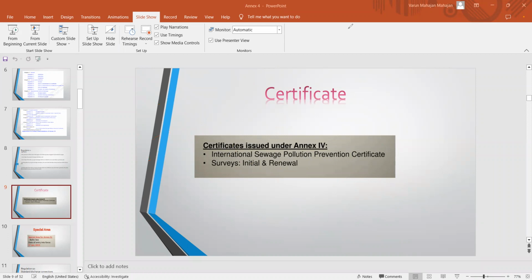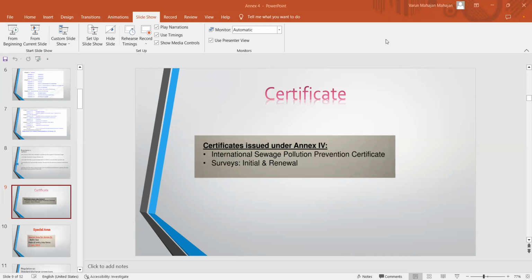When you tell it this way, the surveyor will know you have read the annex. Otherwise, the surveyor will understand that you only checked what the special areas are, but you don't know what it is a special area for. Anybody can search on Google what the special area under Annex 4 is, and it will come up as Baltic Sea. But when you go deep into the annex, then only you will get to know that it is a special area only for passenger vessels. Understood?